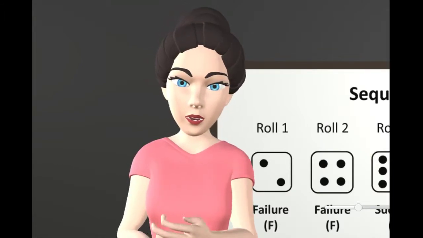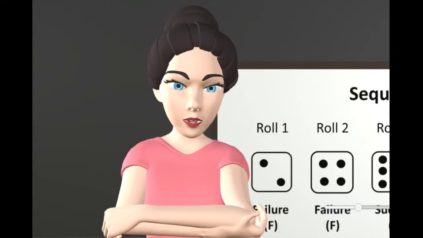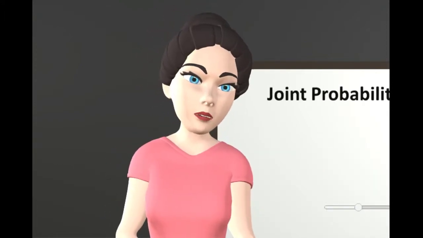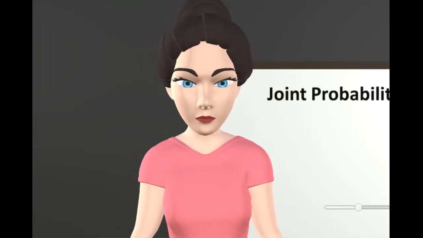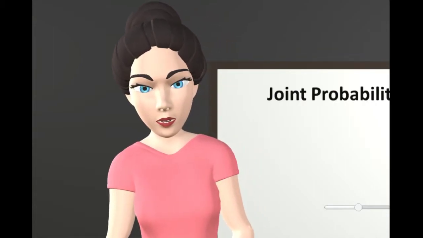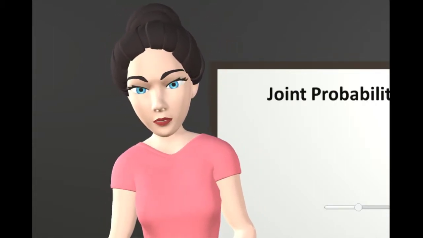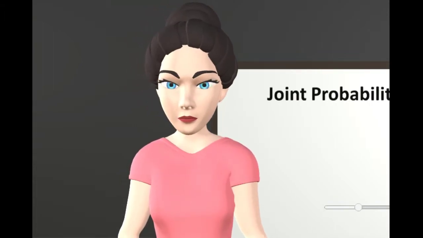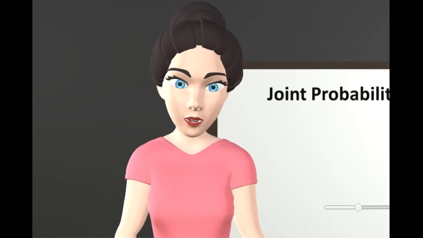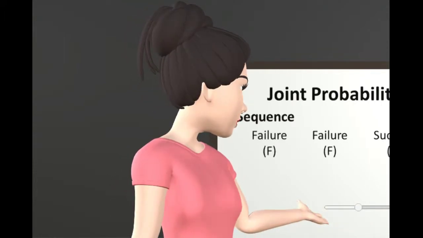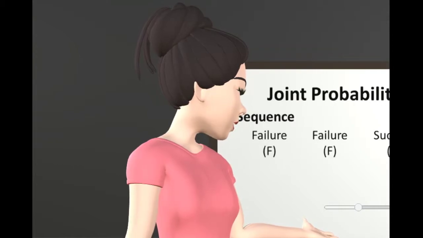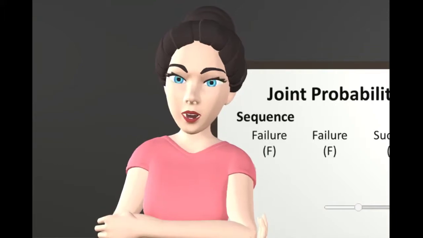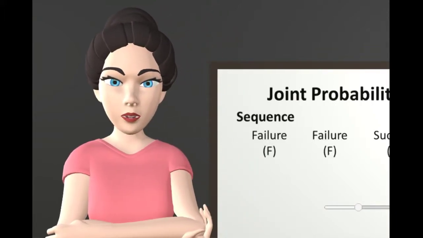A sequence, like the previous example, has a probability of occurring, which is called the joint probability of a sequence. This can be found by multiplying the probabilities of each individual event. Let's take the previous example. We had failure, failure, success, failure, success. Now we multiply the probability of each happening.